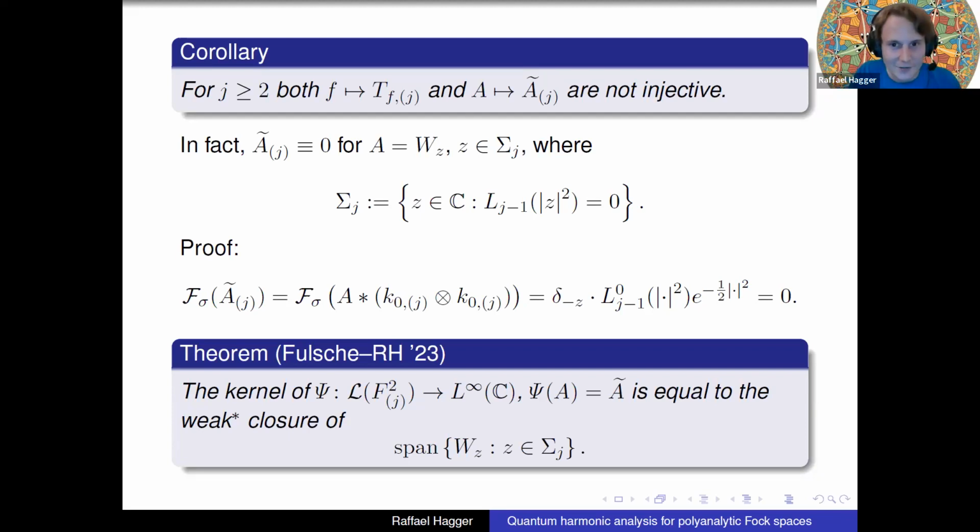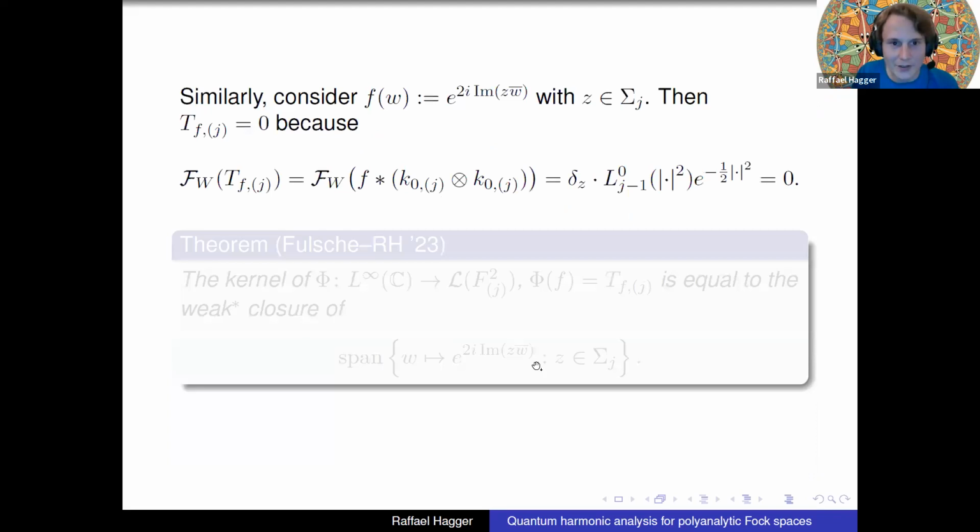But first, I want to show you that we can also very explicitly construct functions that produce the zero Toeplitz operator, which is also very unusual. If you're working with Toeplitz operators, it's usually something you don't expect, but this is also the case here. So if you take a character, we'll do the same thing as before: to compute the Fourier transform of this, write it as a convolution.